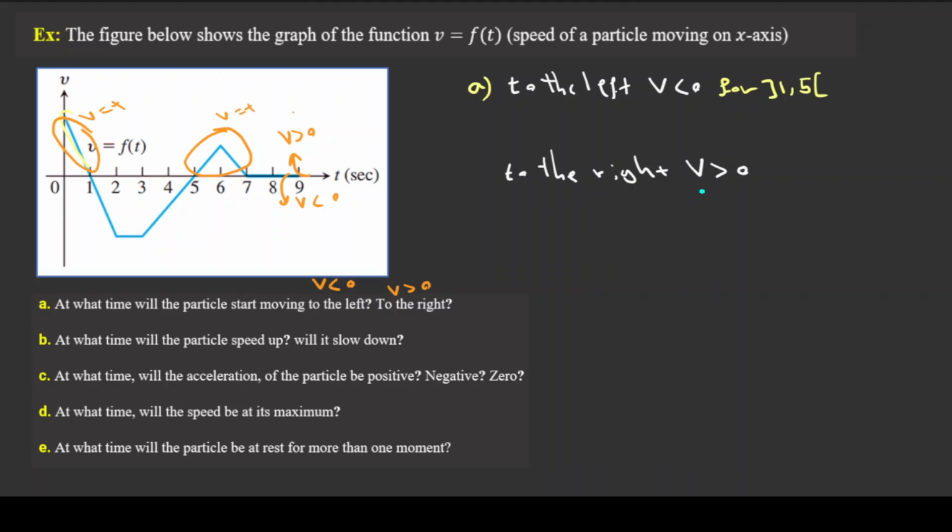So to the right means velocity is positive for 0 to 1 and 5 to 7.